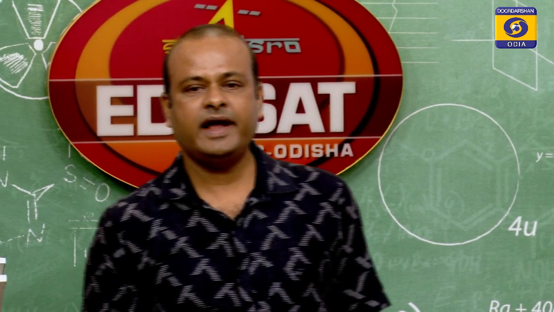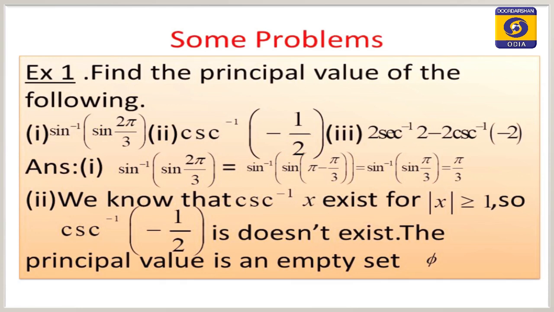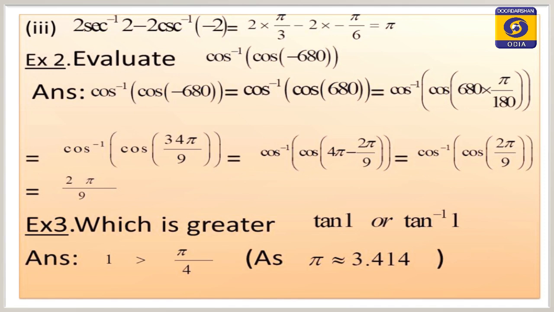You can try the third one: find the principal value of 2 sec inverse 2 minus 2 cosec inverse minus 2. You can see on your screen, its principal value is pi. Then evaluate cos inverse cos of minus 680 degrees.